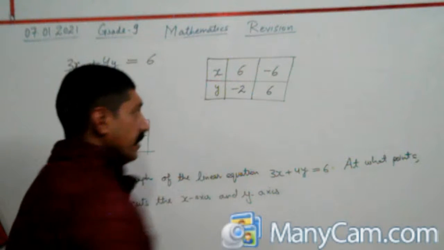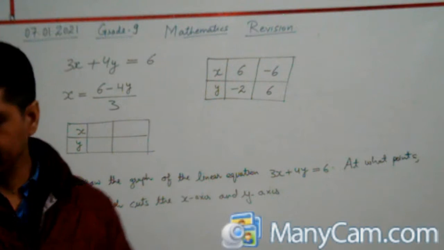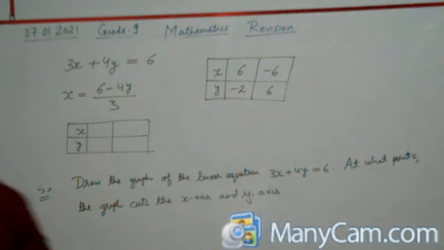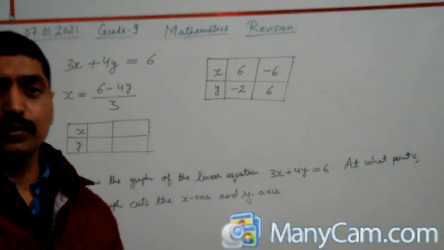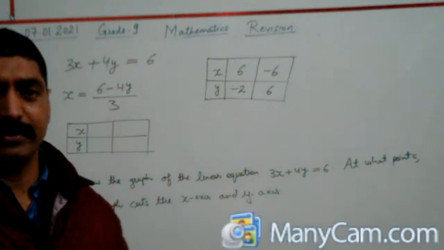So here, if you want to find the equation of the line, we have some different rules, different ways, but these are not in grade 9. Generally, you will study in NCERT or grade 11.